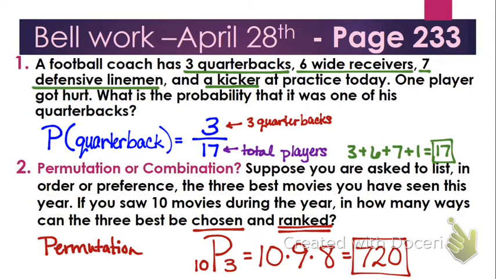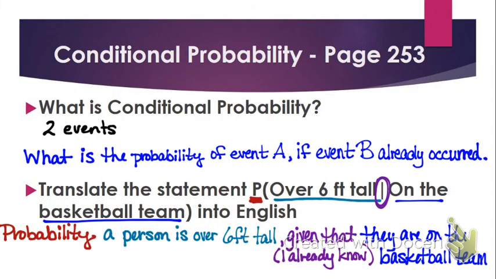I would like you guys to flip forward to where we left off yesterday on page 253. Thank you, Evan. We had just started to talk about conditional probability. We spent most of yesterday talking about compound probability, which is very similar to the fundamental counting principle, very similar to what we just did with that permutation where we took all those options and multiplied them.